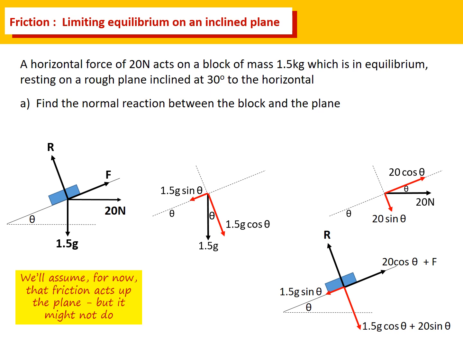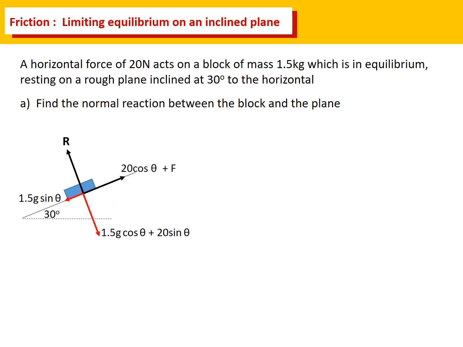We've got 20 cos theta plus F upwards and 1.5g sin theta downwards, and then perpendicular we've got R equaling 1.5g cos theta plus 20 sin theta. And resolving that, we find that R is 22.7 to 3 significant figures.